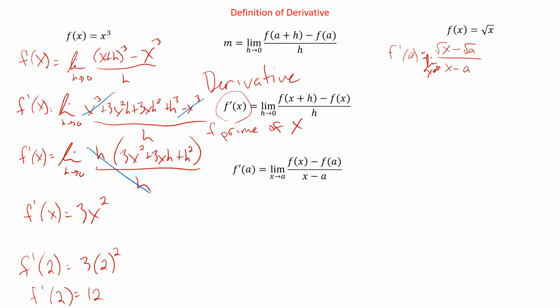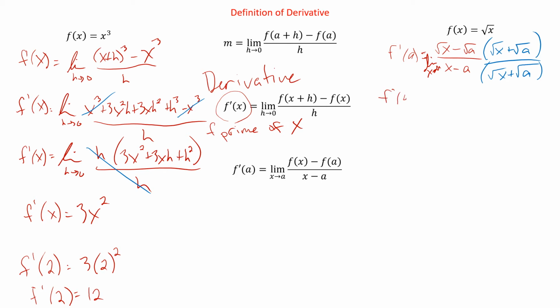Not going to work. I mean, technically, yes, it could work, but it's kind of weird factoring. We have roots. We're going to multiply by the conjugate. So we're going to multiply by root x plus root a. And if we do it to the numerator, we do it to the denominator. All right, now we can multiply through.